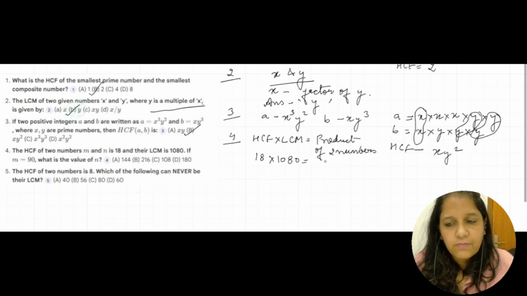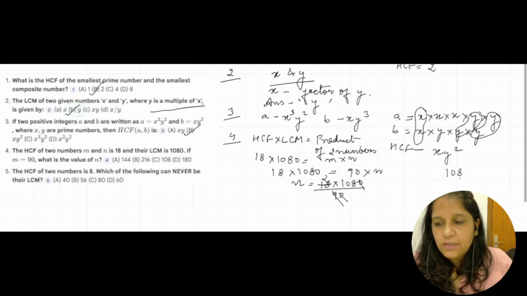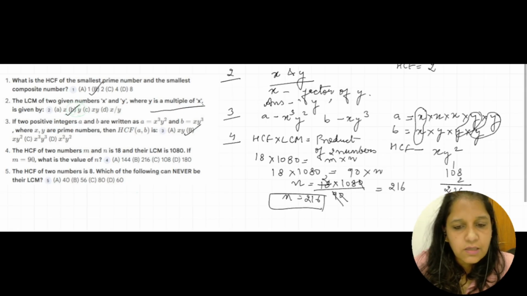And the value of m is 90. You need to find the value of n. So n will be equal to 18 into 1080 divided by 90. 0 cancels. 9 into 2 is 18. So 108 into 2, 16, 1 and 2. So the answer is 260. Value of n is 260. B is the answer.